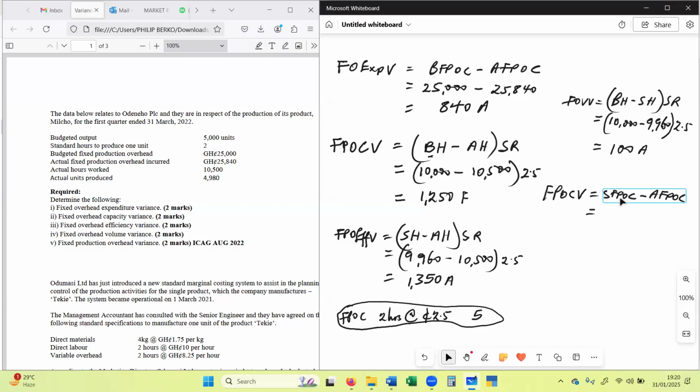If you multiply by budgeted output, we are going to get budgeted fixed production overhead cost. But all this stuff we've done, when you want standard, you multiply by actual output. You want budgeted, you multiply by budgeted output.